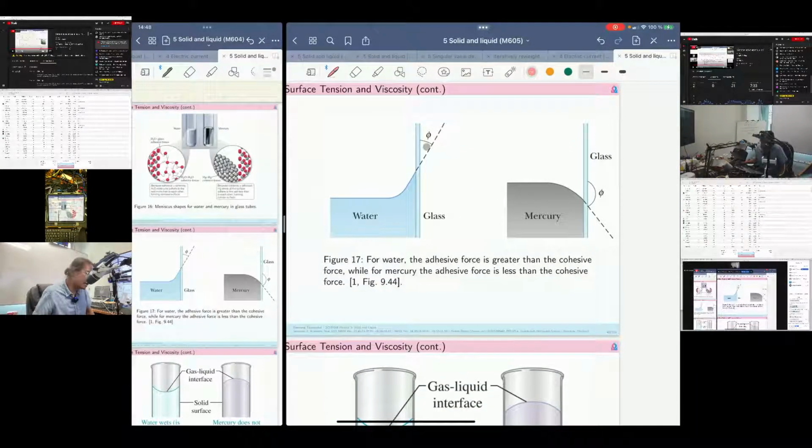We have the angle phi for water, because the glass tries to attract the water close to it, right? So this plane has the direction like this, and there is an angle phi which is typically less than 90 degrees, and we have the angle phi here for the mercury case too, but the adhesive force between mercury and glass is not strong.